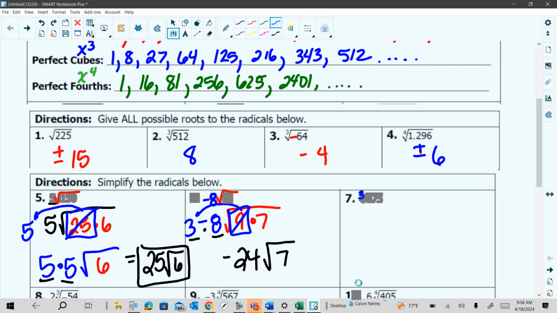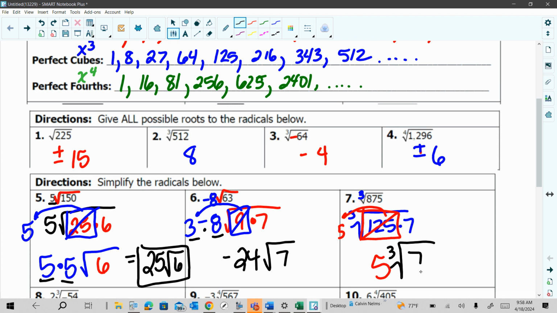So I'm just going to simplify that. 125 times 7. Okay. The 125 is the perfect cube. What is the cube root of 125? Yeah, it would come out as a 5. So this would be 5 and then the cube root of 7.